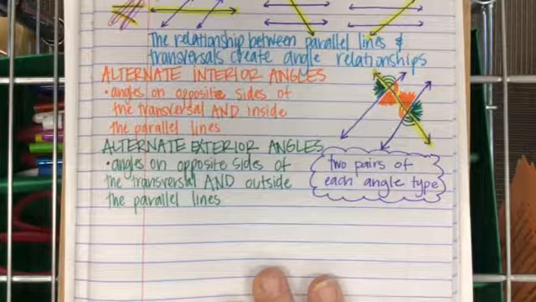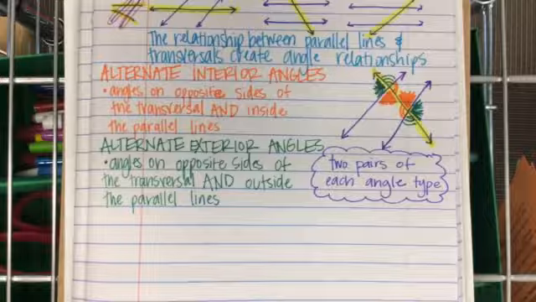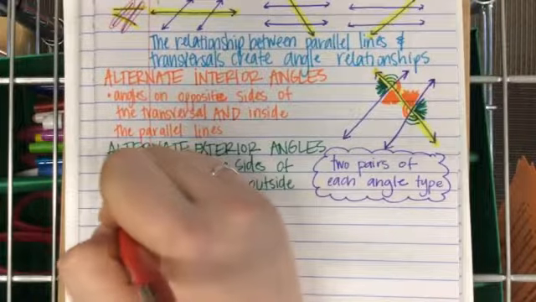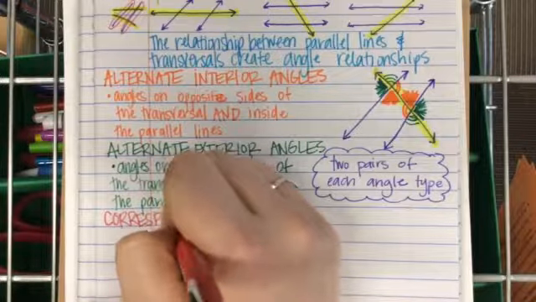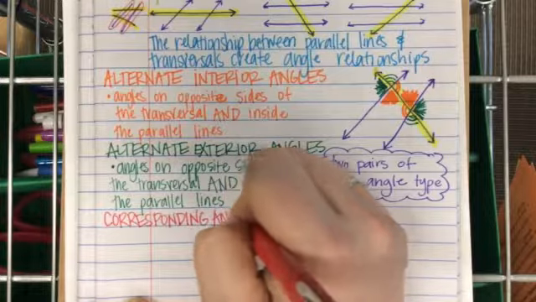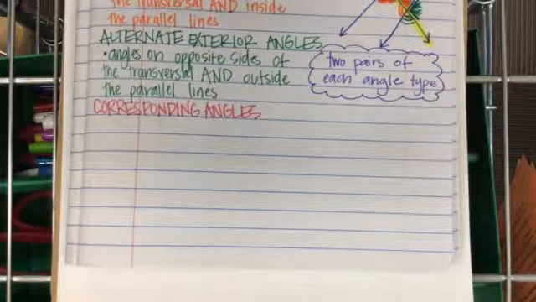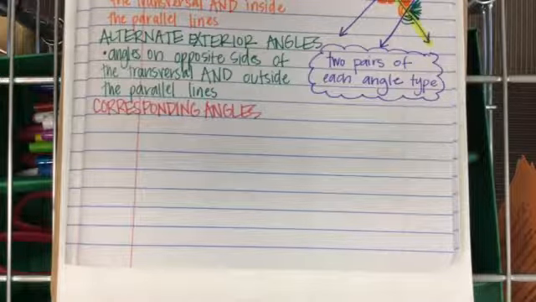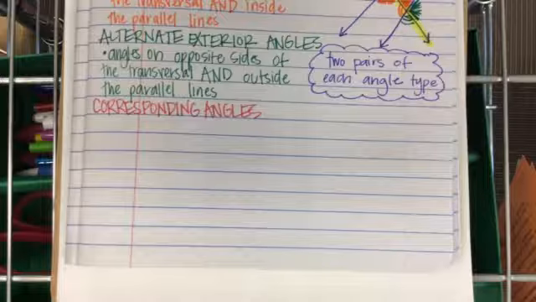All right, there's a third type of angle in here, or a third type of relationship. Corresponding angles is the third type. So alternate interior, that name makes sense. Alternate, opposite, interior, inside. Alternate exterior, that makes sense.